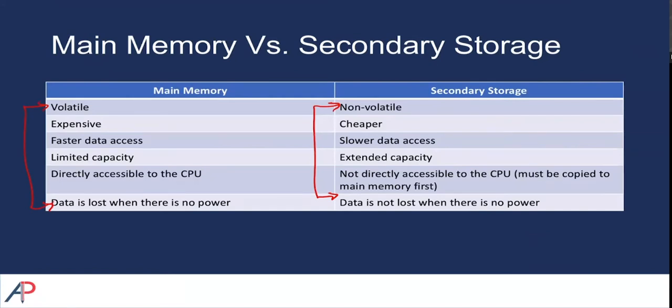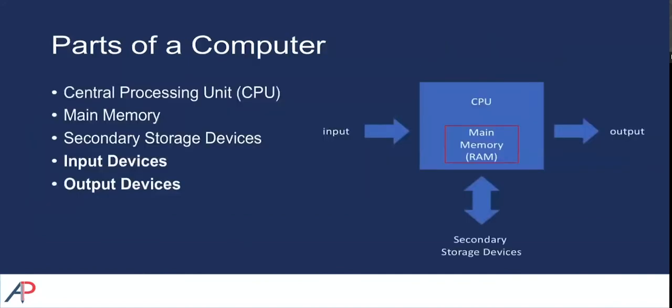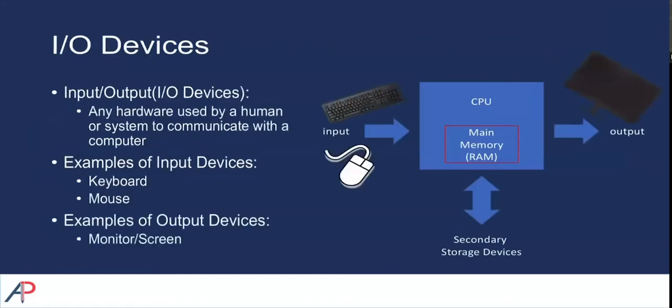And the last thing I want to talk about are the input and output devices. These are the things that you use in order to interact with your computer. So your keyboard, your mouse, these are input devices. Without them, you can't really interact with your computer.